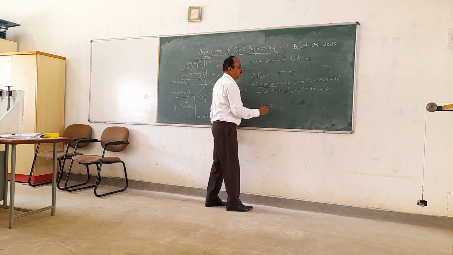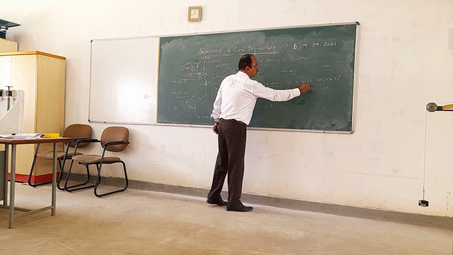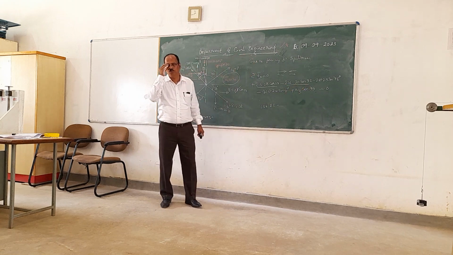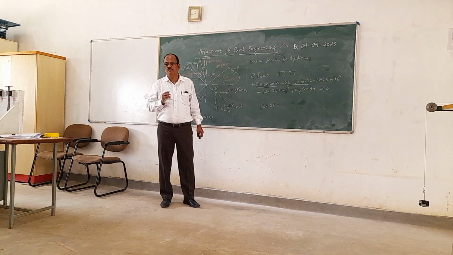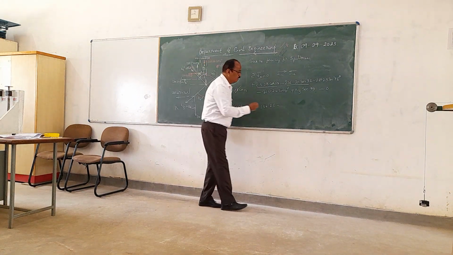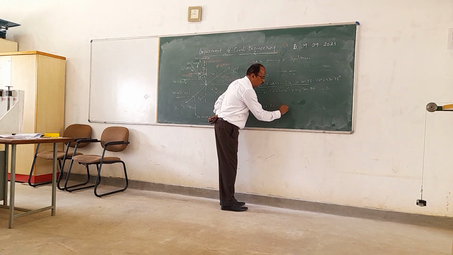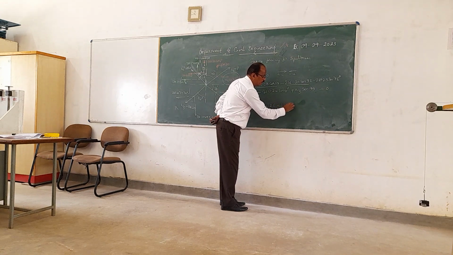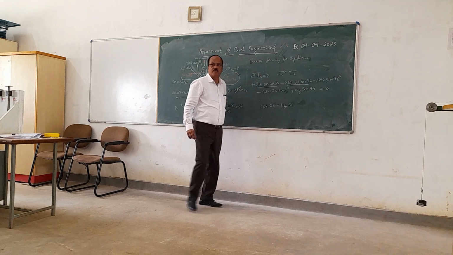38.25. Then minus 216.2 into sin 32 is 4.56.